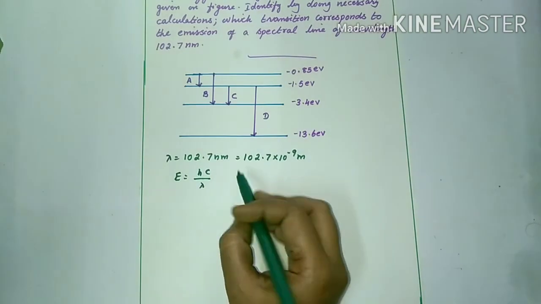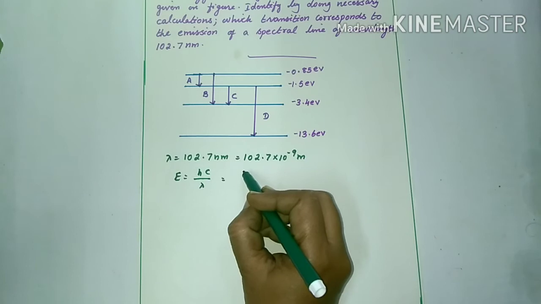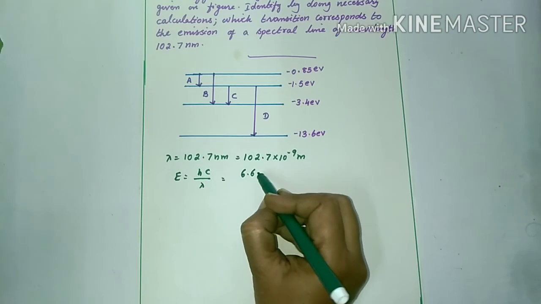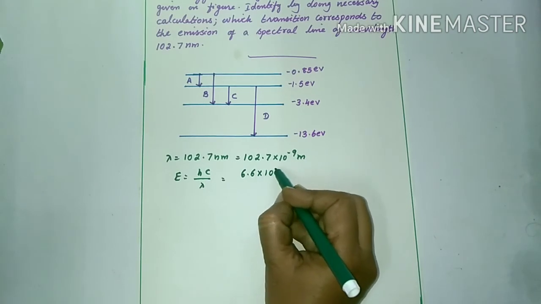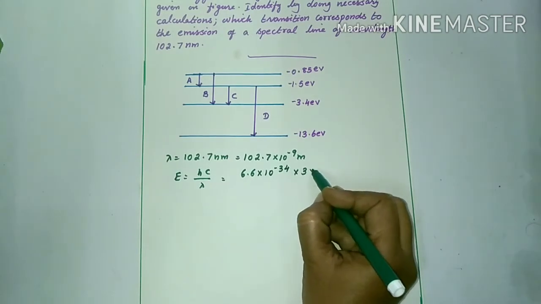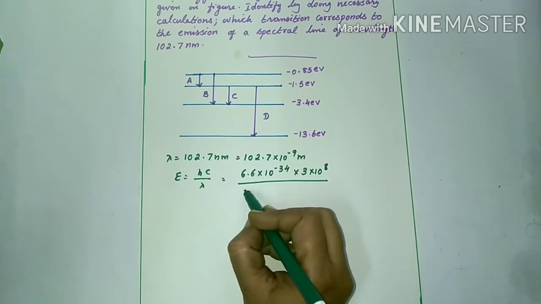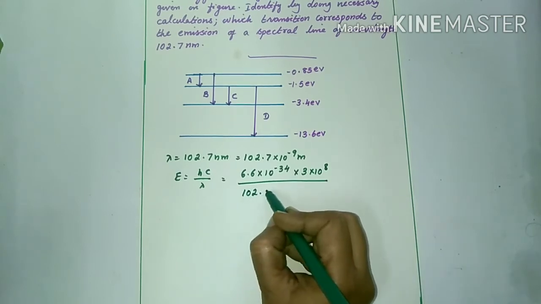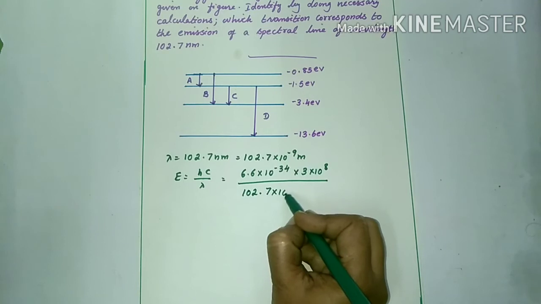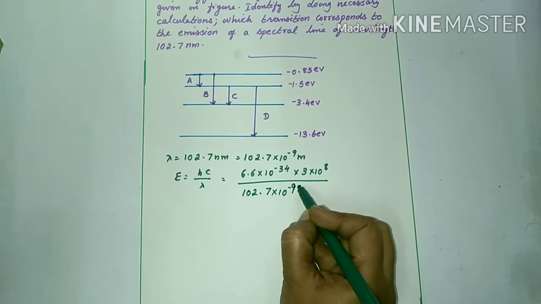Then we can substitute the constants, that is h, 6.6 into 10 raised to minus 34, into 3 into 10 raised to 8, divided by lambda, 102.7 into 10 raised to minus 9.